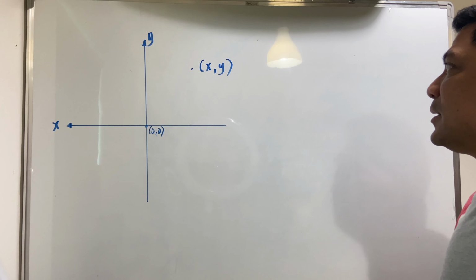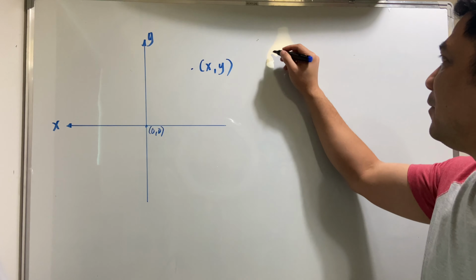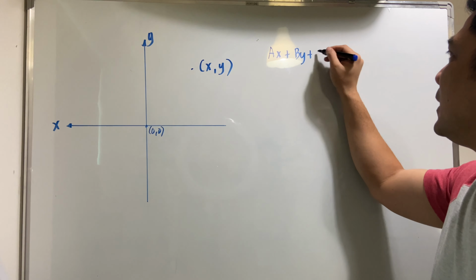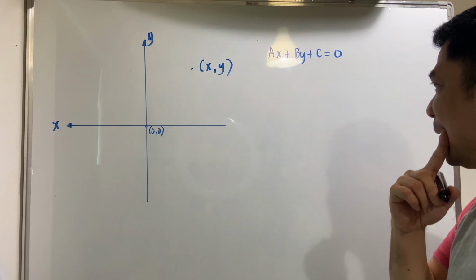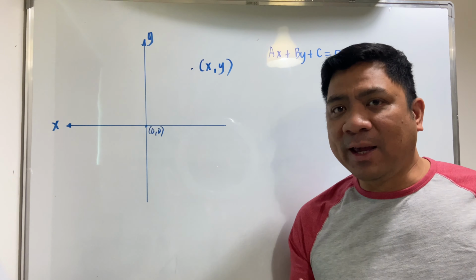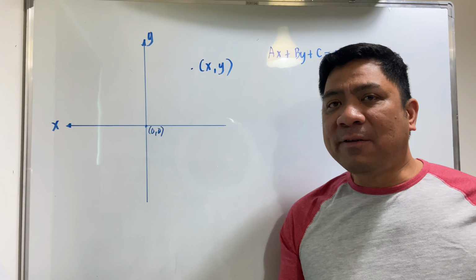A line has a general equation of ax plus by plus c equal to 0. Now, we have many ways to get the equation of a line using several forms.